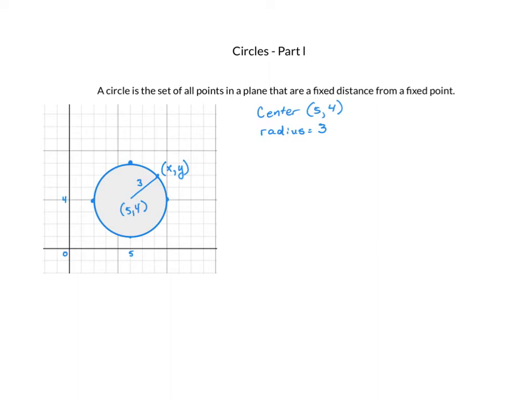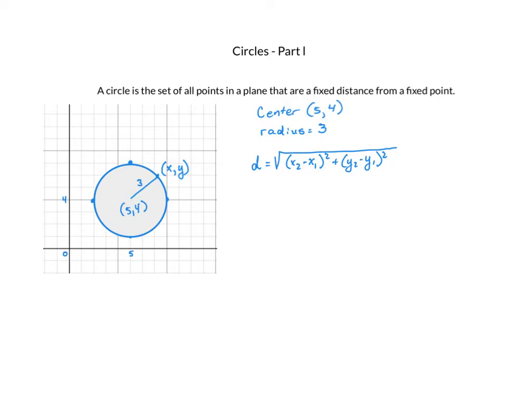Do you remember what it is? The distance between 2 points is equal to the square root of x2 minus x1 squared plus y2 minus y1 squared, assuming that the ordered pairs of the points are x1, y1, and x2, y2.